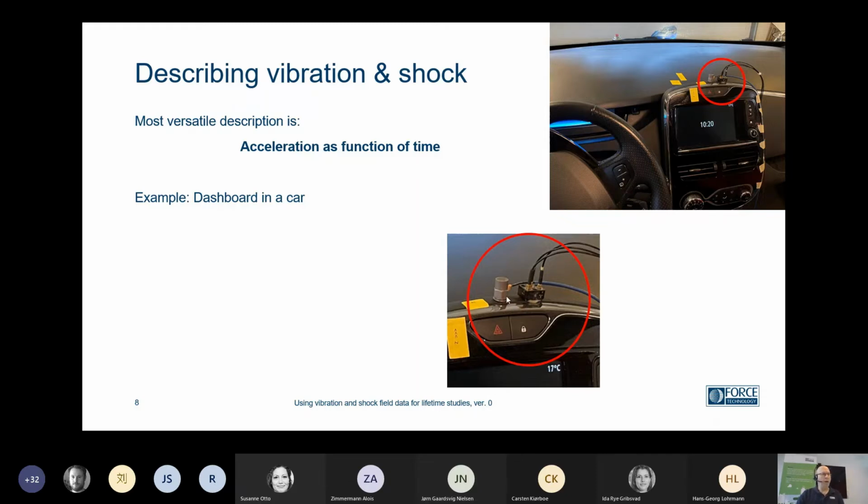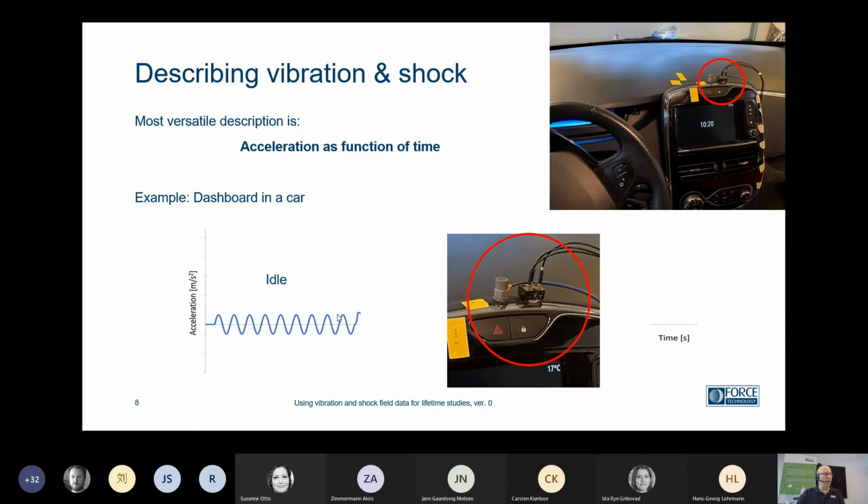In the picture here, the larger accelerometer is a 1-axis accelerometer, and the other accelerometer here is a 3-axis accelerometer where we have the 3 wires coming out, and we can measure in 3 directions at the same time.